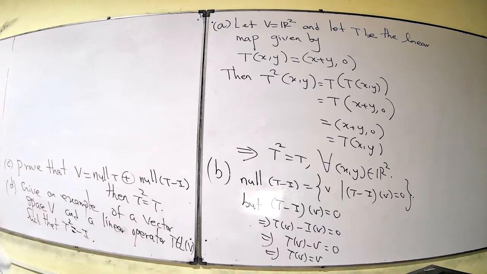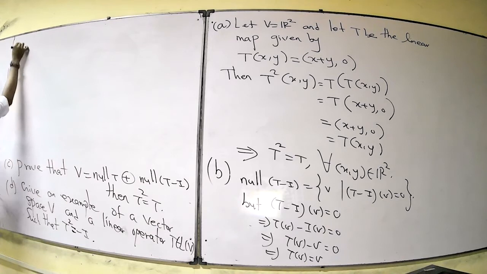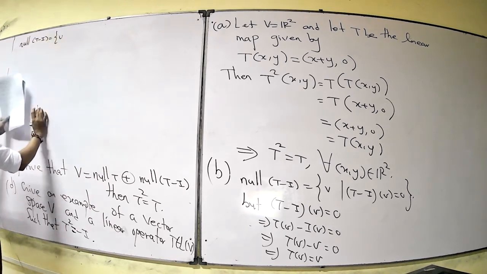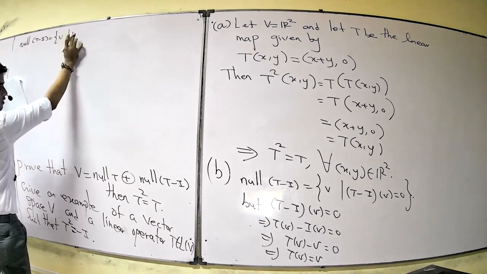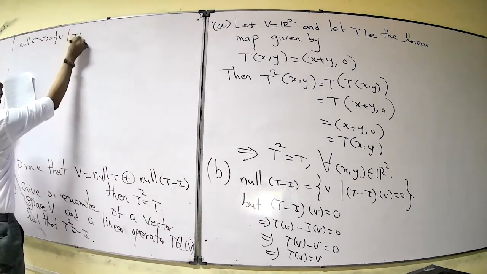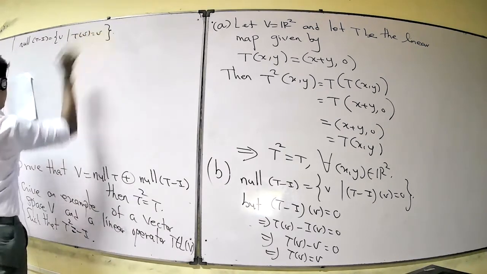The null of T minus I is the set of elements b belonging to B. Here you derive (T minus I) b equals 0, then you derive T b equals b.